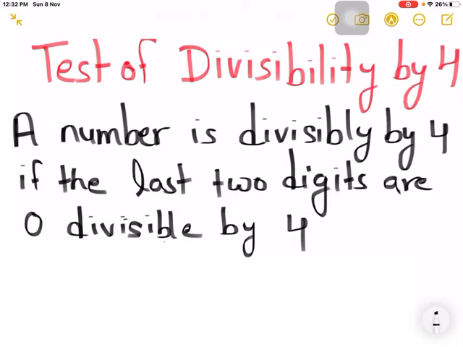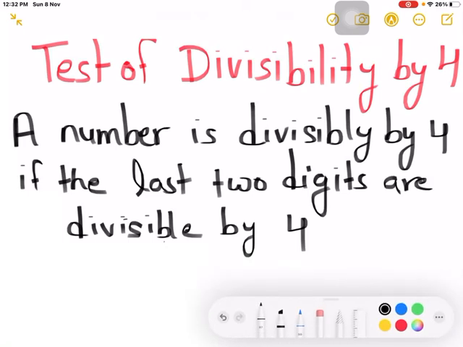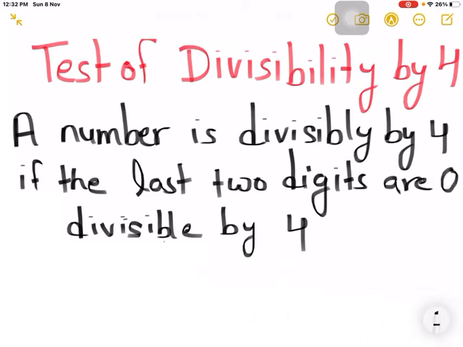A number is divisible by 4 if the last two digits are 0, or, here we have to mention also, or divisible by 4.